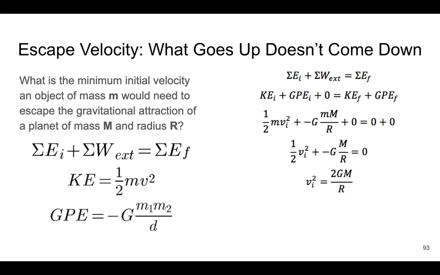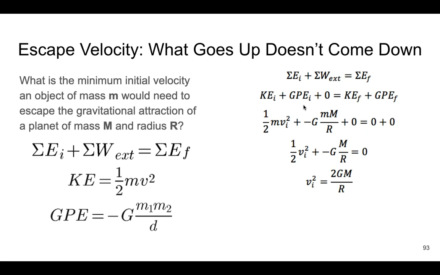Its final velocity is 0 and its final kinetic energy is 0. And it's infinitely far away, so we say its gravitational potential energy is 0. We're bending the rules a little bit and being flexible with our definition of infinitely far away to make this work, but that's what we do.